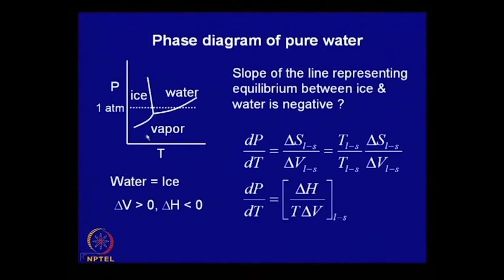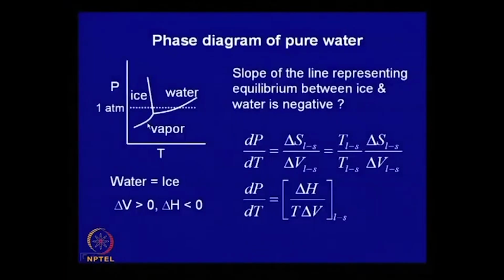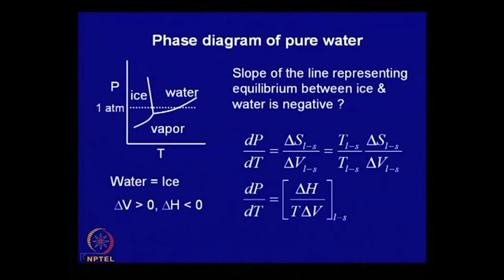Most cases the slope is positive whenever the transformation is associated with an increase in volume. Say ice to vapor, liquid water to steam or vapor, it is accompanied by an increase in volume. So, the slope of this line, whether it is here, they are positive.